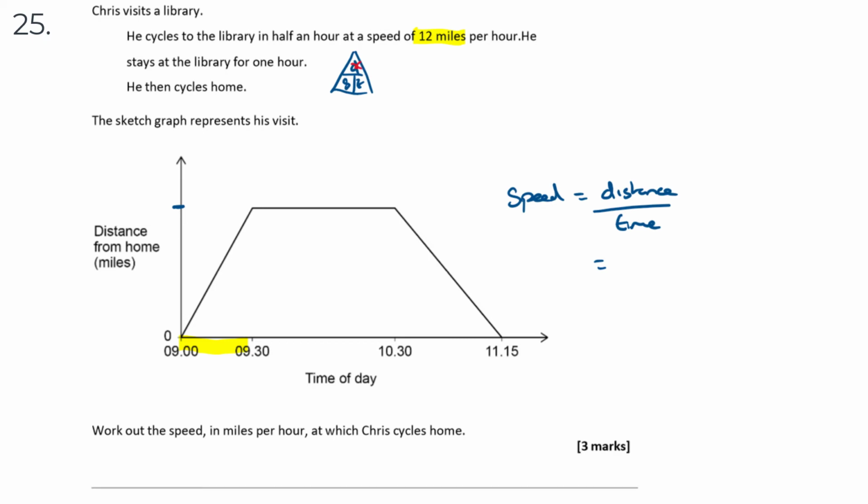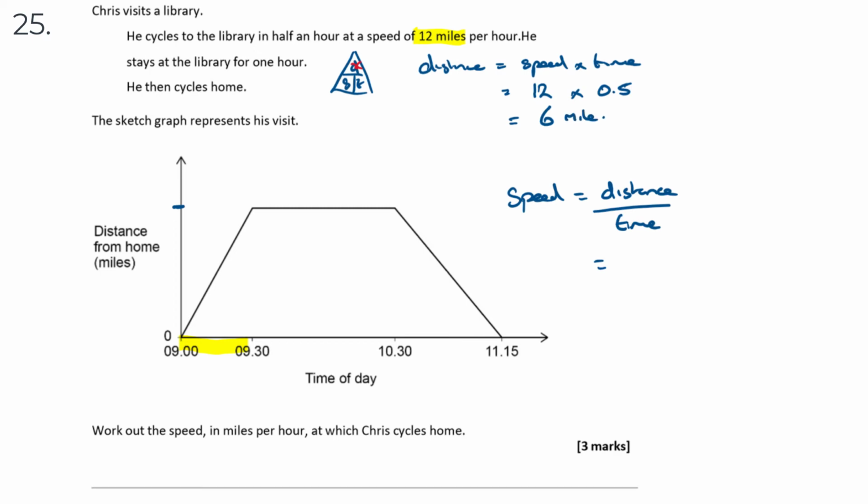We're going to multiply them together. So distance travelled equals speed times time. We're told it goes at 12 miles an hour, so 12, and we know it takes him half an hour. I'm just going to write that as 0.5 for half an hour. So 12 times a half, that's 6, isn't it? So that's going to be 6 miles.